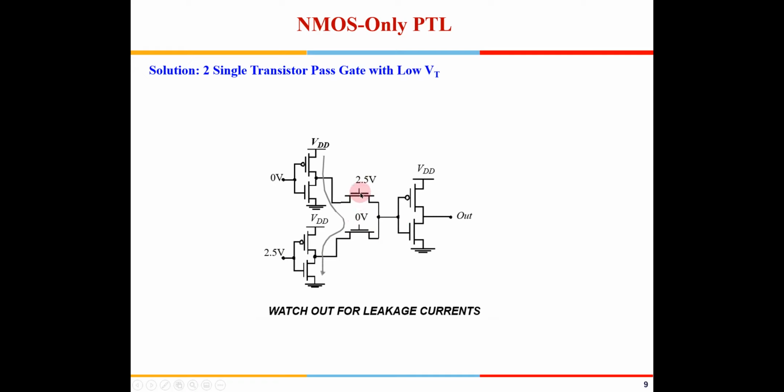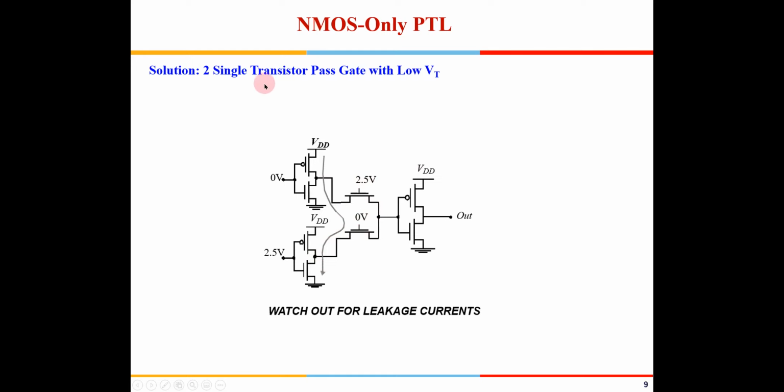Now if you see here, this is switched on and this is switched off. So this high voltage can come from here, and if the VT of this transistor is very low, you could have a current flowing like this. So the leakage current is likely to increase.